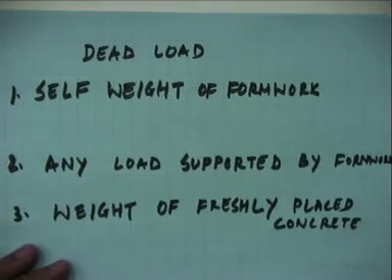Now ideally, if you look at the self weight of formwork and how do we find it, ideally you should be taking the individual weight of different formwork components in order to find out the self weight. But this exercise would be a little difficult.